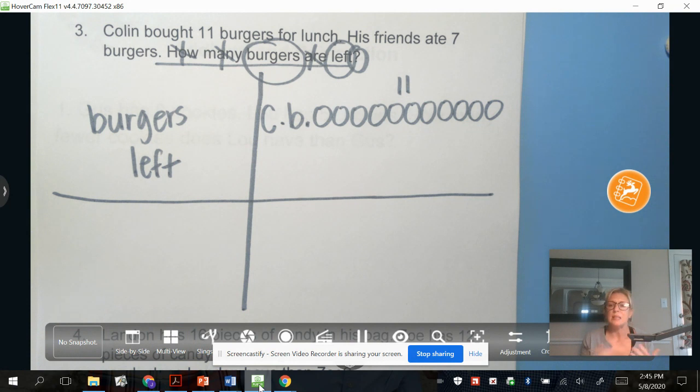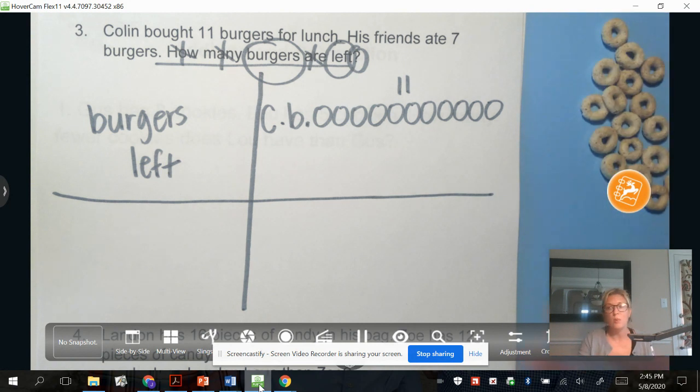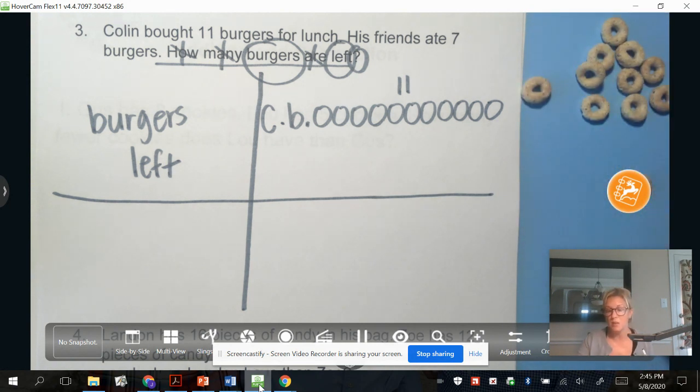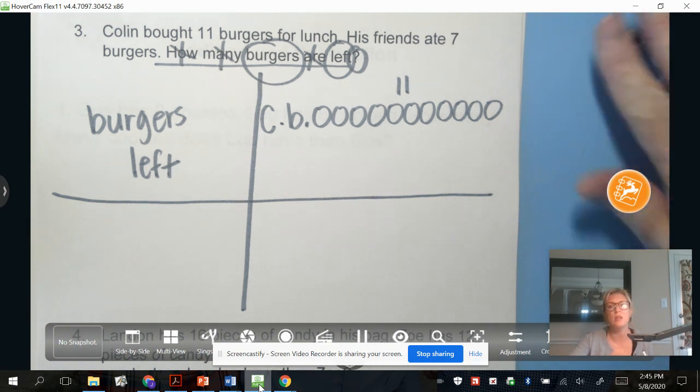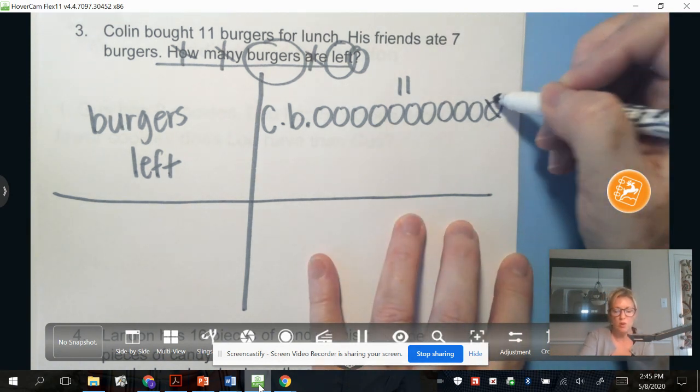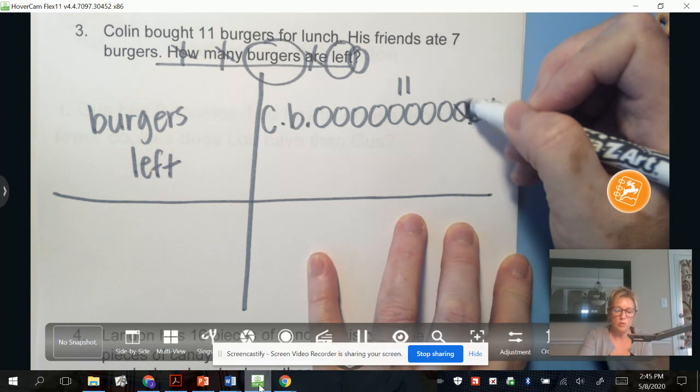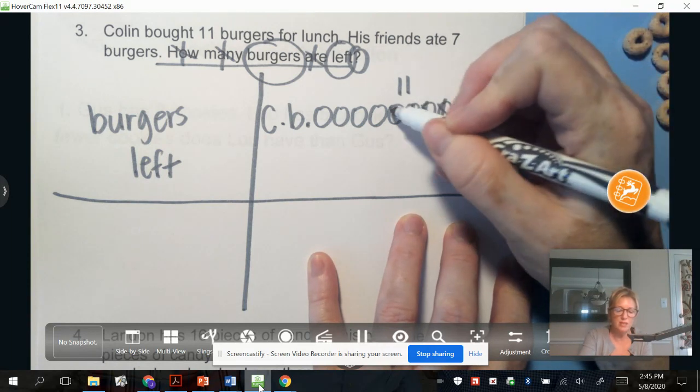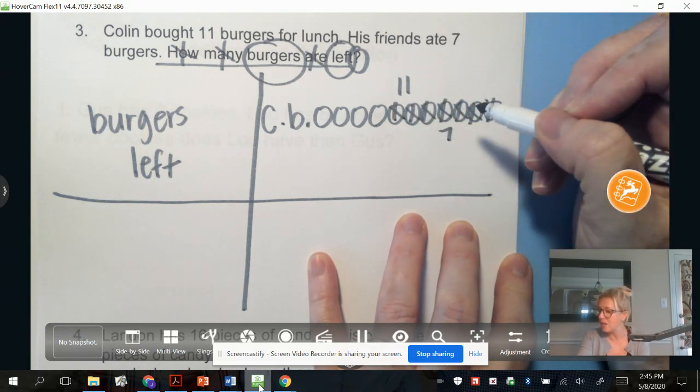His friends ate 7. Well, we can't take these circles off the page. Whereas we could, if we were representing this with objects, we could actually remove them, take them away and show that. But we can't really do that here. So what do we do instead? That's right, we cross them off. 1, 2, 3, 4, 5, 6, 7. Of course, we label everything.